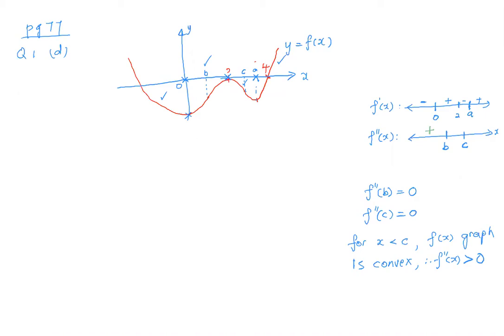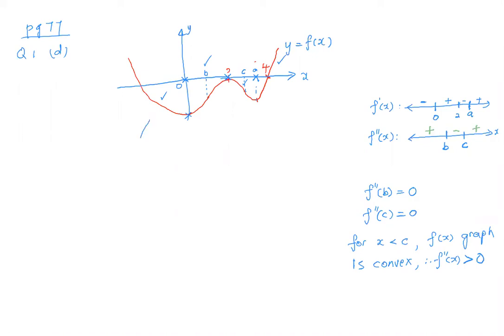Okay, so the rest, this is negative and this is positive. Look, if f double prime x is positive, that means f prime x is increasing. So now I can start to draw the f prime x graph.